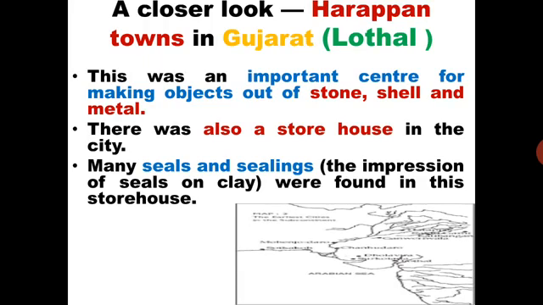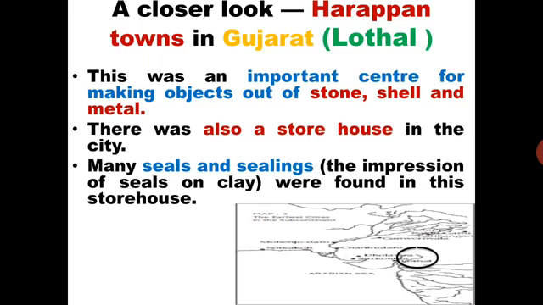Many seals and sealings, the impressions of seals on clay, were found in this storehouse. So what are seals and sealings? A sealing is an impression of a seal on clay.